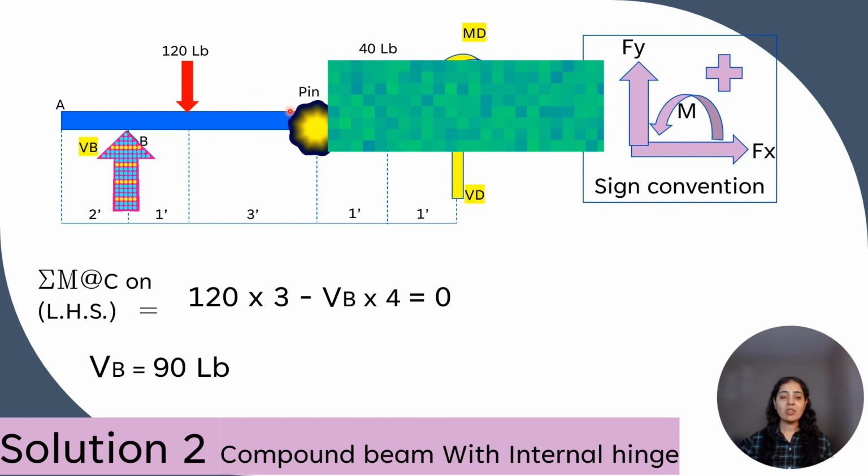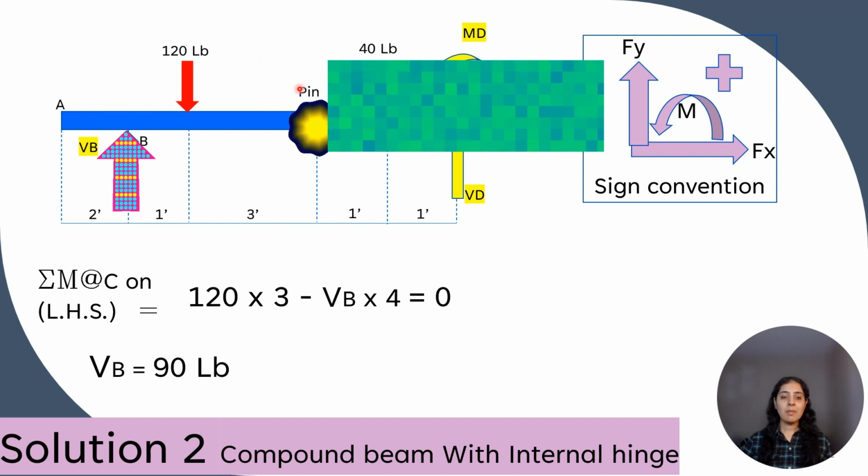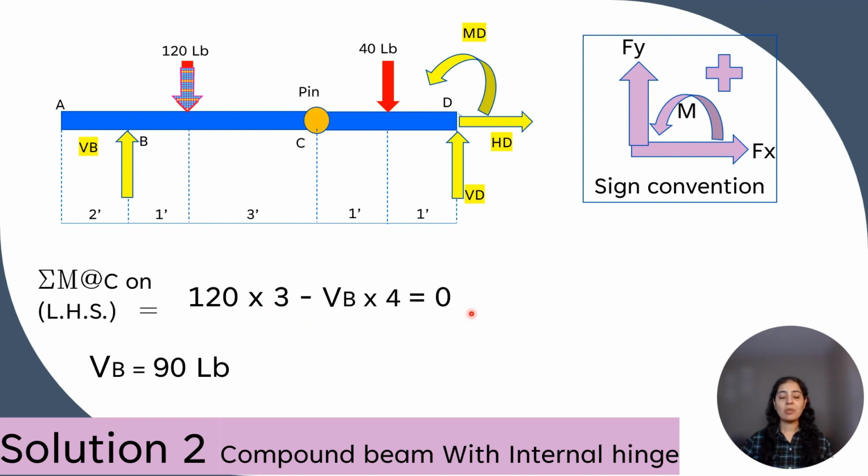So moment equation will be: VB making a clockwise moment, so it will be negative, minus VB into 4, and plus 120, which is making an anticlockwise couple, so 120 into 3 is equal to 0, which gives us VB is equal to 90 lb.